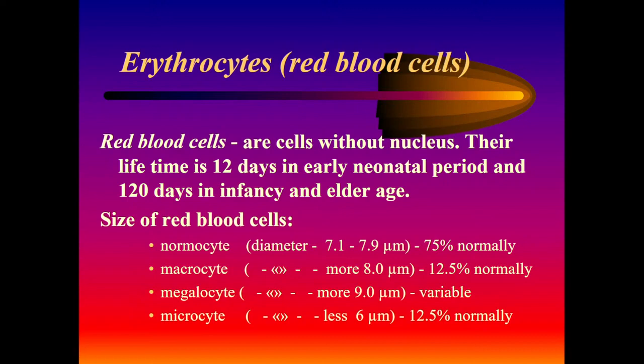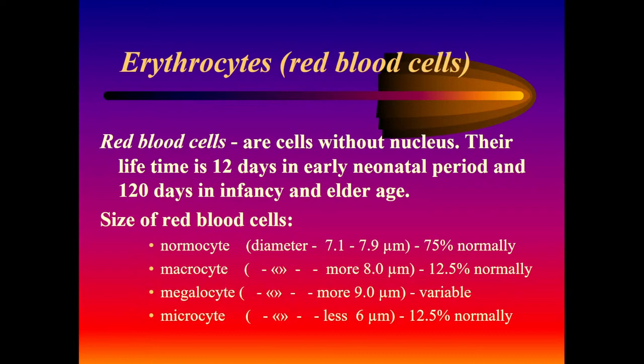Red blood cells normally have a short lifetime in the early neonatal period, just 12 days. And for the other periods of childhood and in adults, erythrocyte lifetime is on average 120 days.